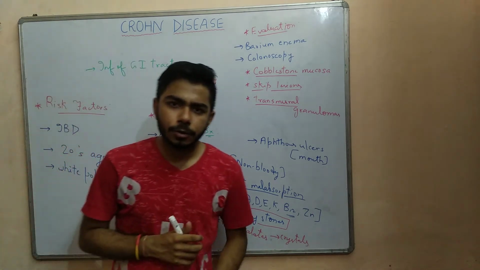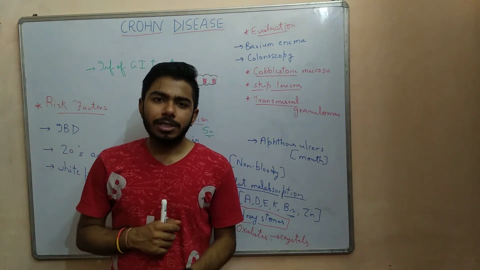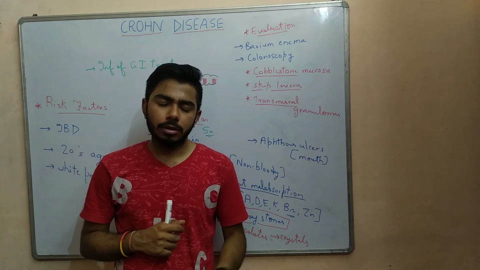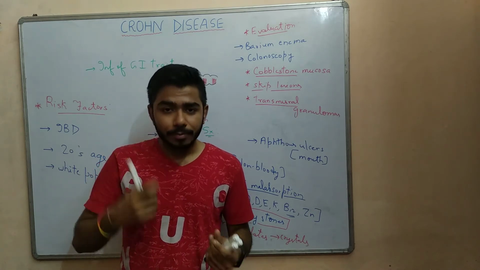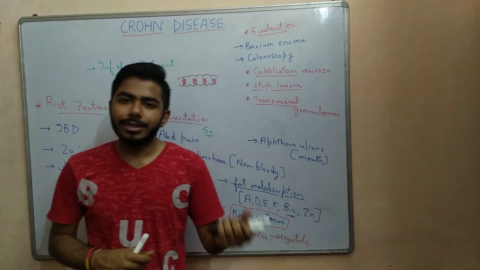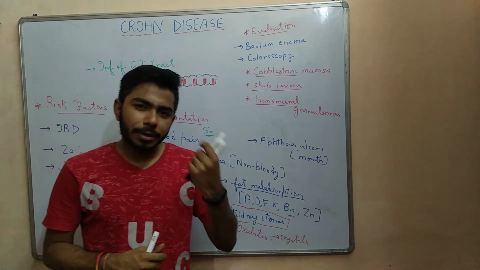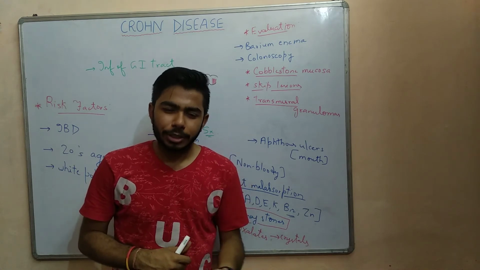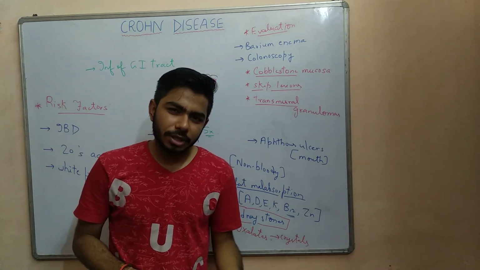What about the lab values? In the lab values, by checking the CBC, you may find that this patient may have a deficiency of vitamin B12, because as I said, the ileocecal region is the most common location for Crohn's disease, so vitamin B12 deficiency can be there.